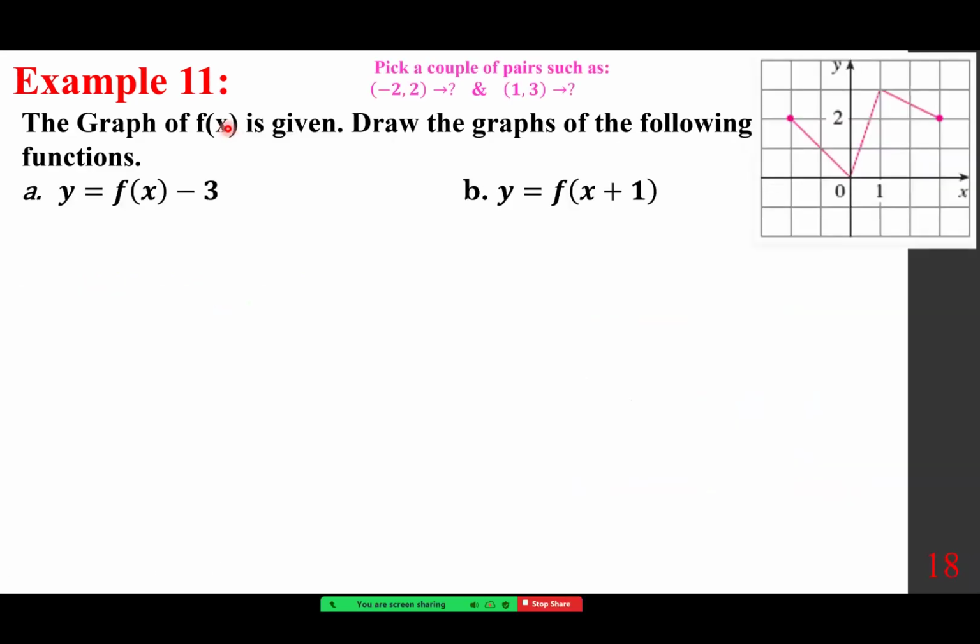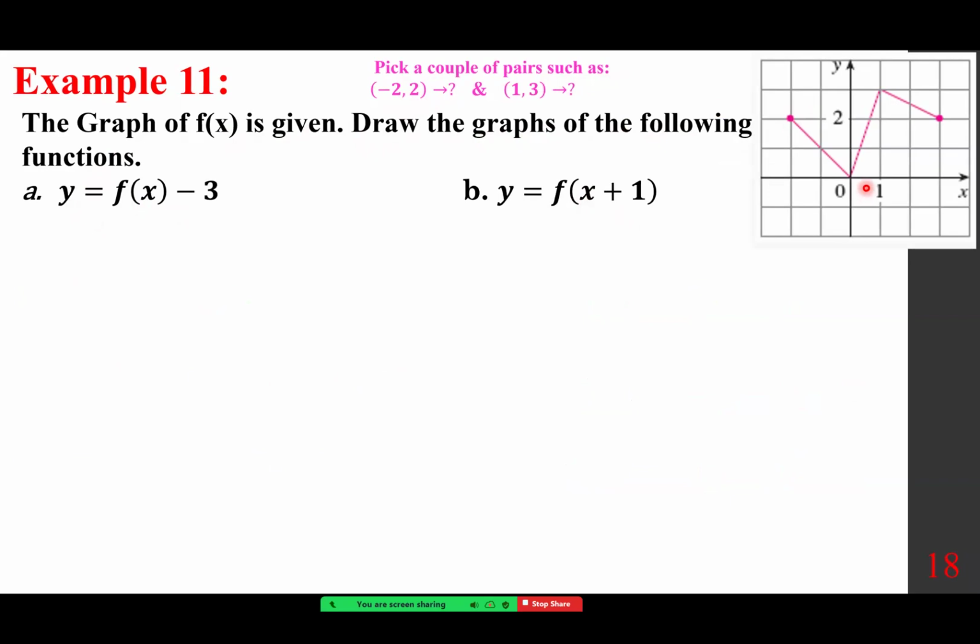The graph of f of x is given. Draw the graph of the following functions: y equals f of x minus 3, y equals f of x plus 1. It could be involved, but the easiest way for something like this is to pick pairs and change them. So, for example, this has coordinates. I pick a couple of pairs such as minus 2, 2, and 1, 3. I highly recommend you do others.